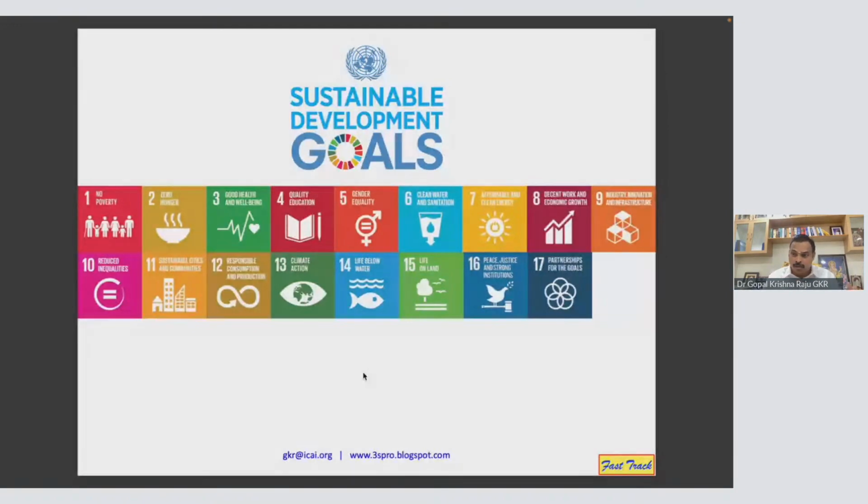So what we have to give to our next generation is the environment. Petroleum deposits are only available for the next 30 years, maximum 50 years, if you conserve petrol.